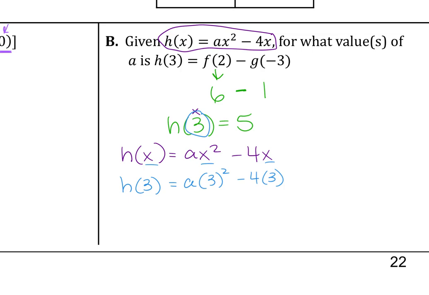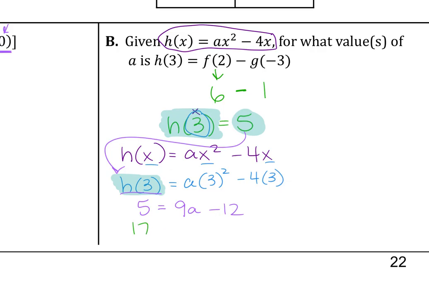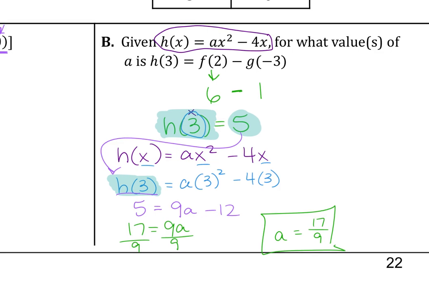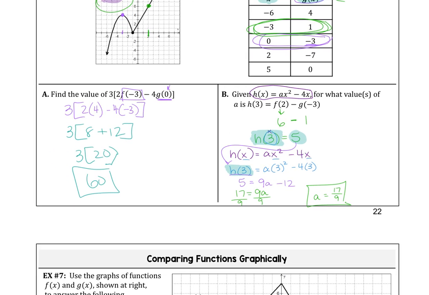Now we know h of 3 equals 5, so let's replace h of 3 with 5. So 5 equals, simplify this, 9a minus 12. Now we can solve for a. Add the 12: 17 equals 9a. Divide by the 9. a equals 17 ninths. There we go, we found a.